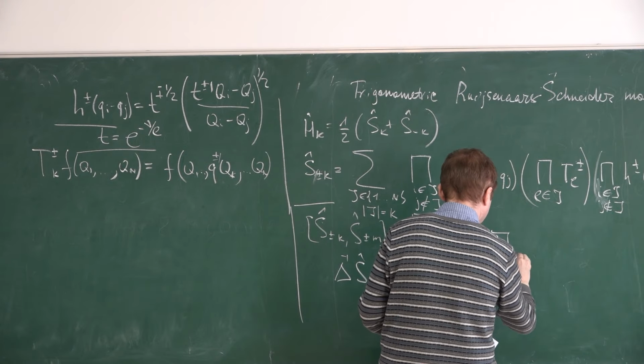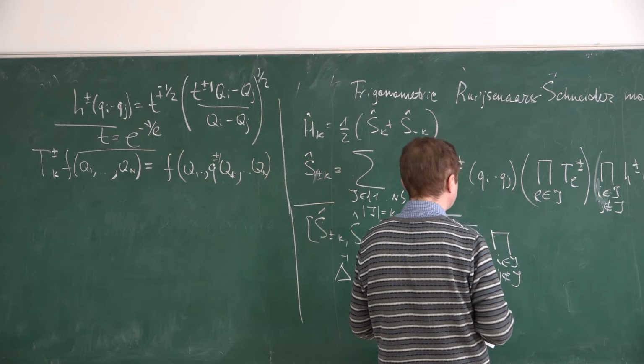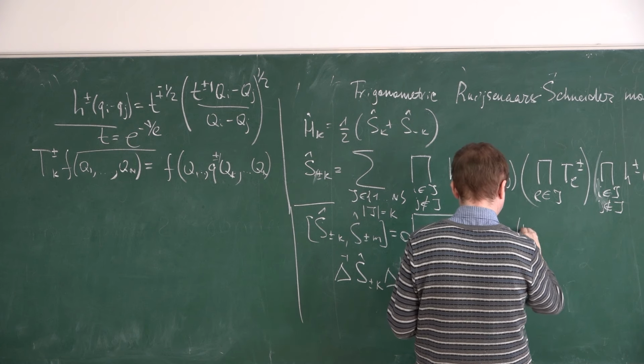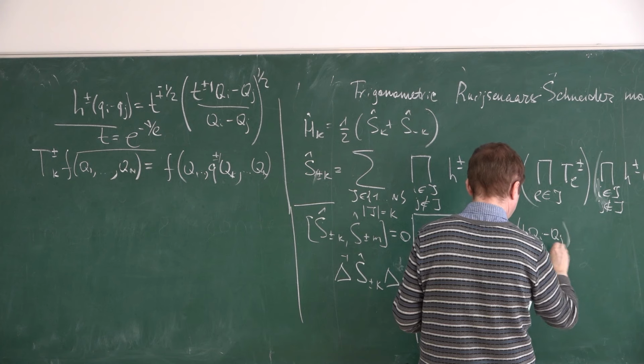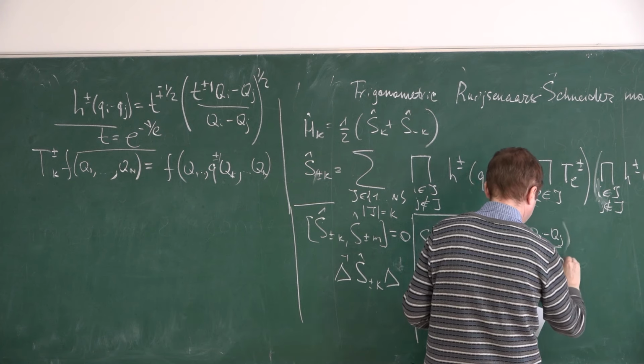And just the same thing. And here we have t qi minus qj divided by qi minus qj.